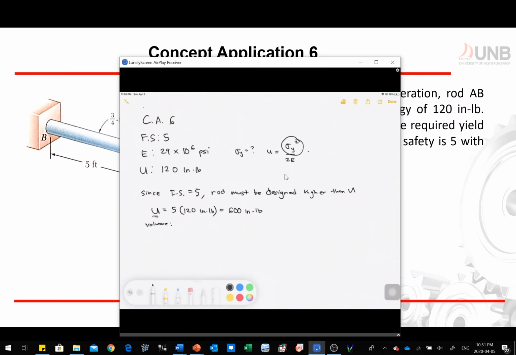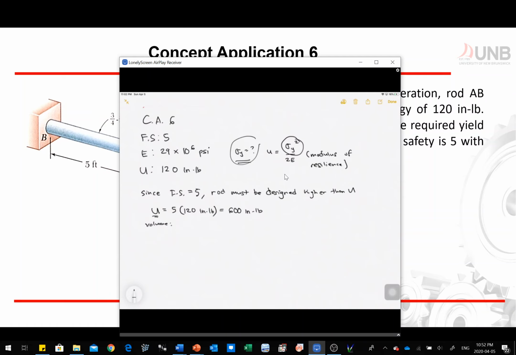This is the equation for your modulus of resilience, which we derived earlier. The modulus of resilience is sigma y squared divided by 2E, and we can calculate our yield stress based on this.